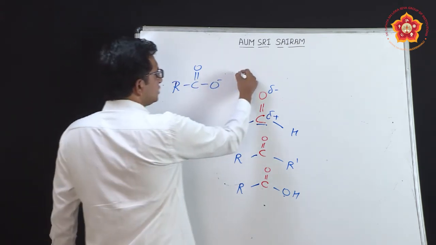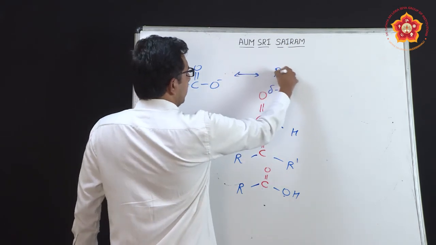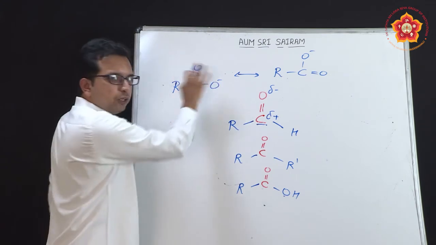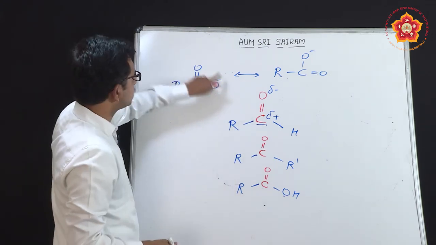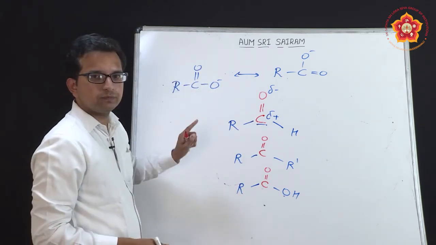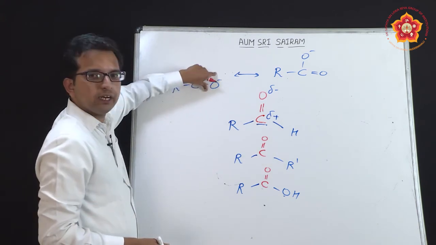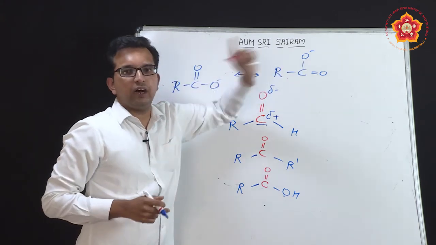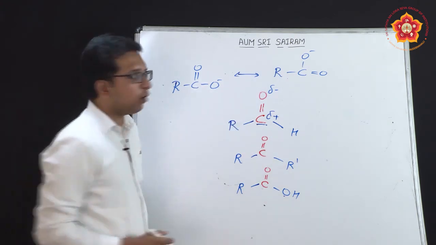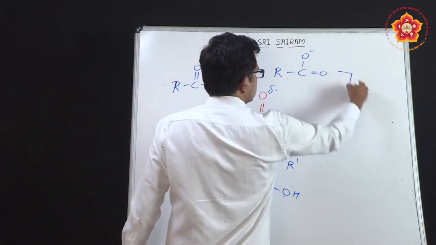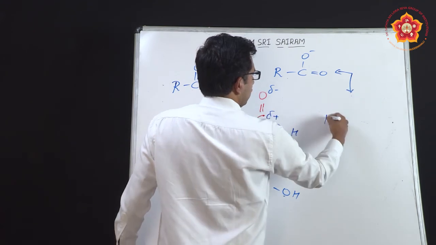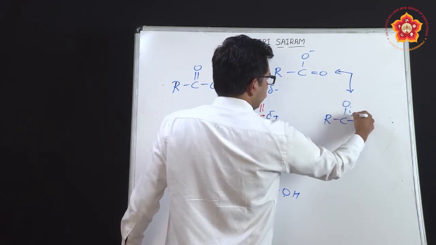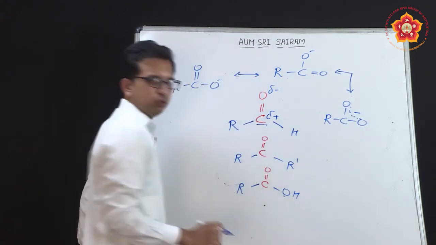This RCOO minus undergoes a stabilization where the negative charge is fluctuating between these two oxygens. Earlier the negative charge was on this oxygen, now the negative charge has gone to another oxygen. So together, how we show this compound is, let me just show it here down, COO, and I will show it as a dotted line with a negative charge.